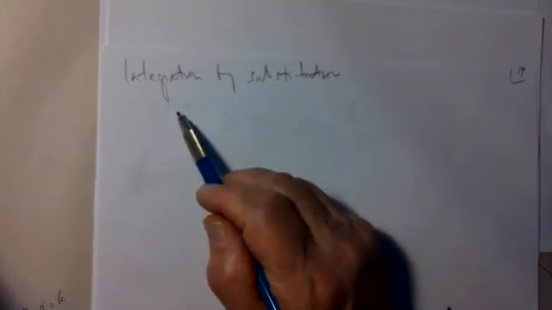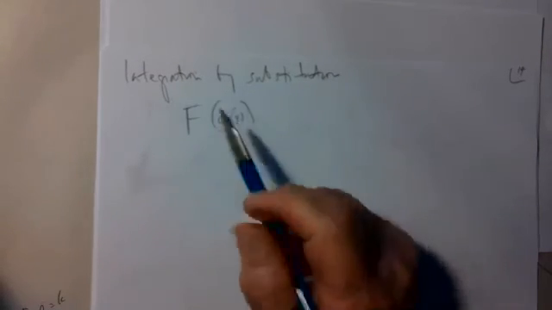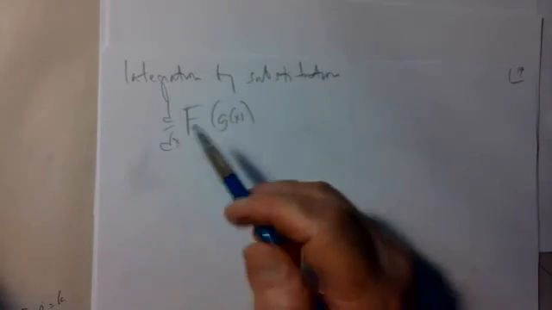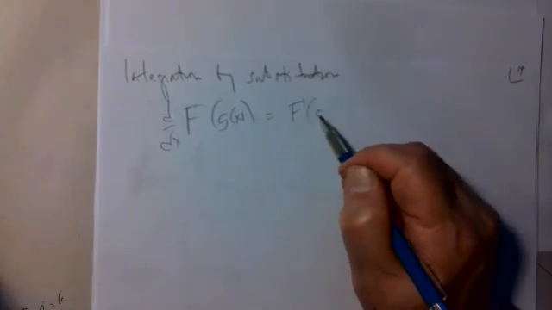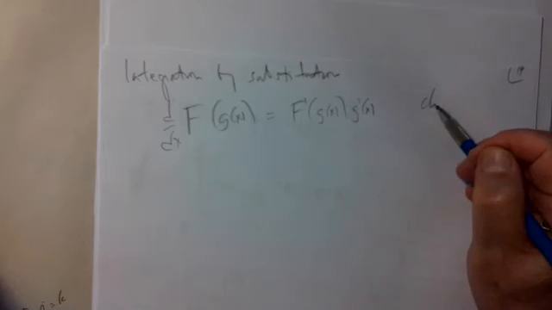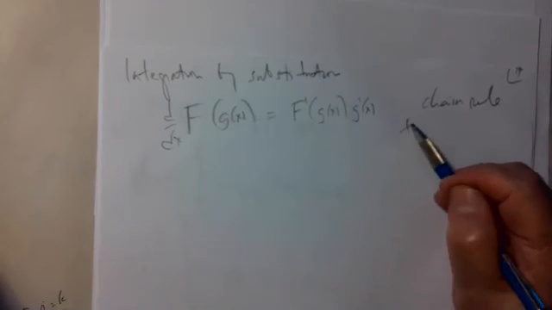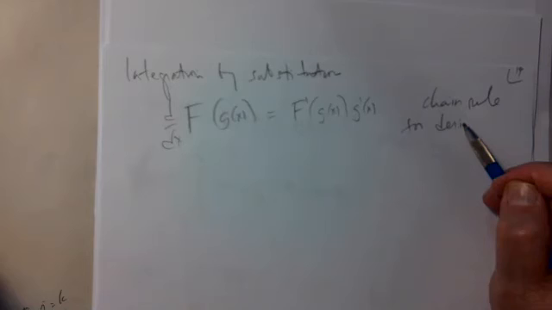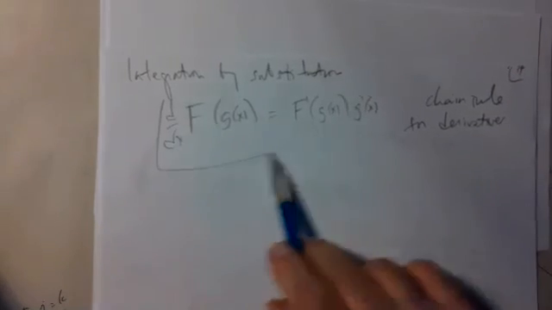So if you have the composite function f of g of x, and you differentiate that by the chain rule, that's f prime of g of x times g prime of x. This is the chain rule for derivatives.